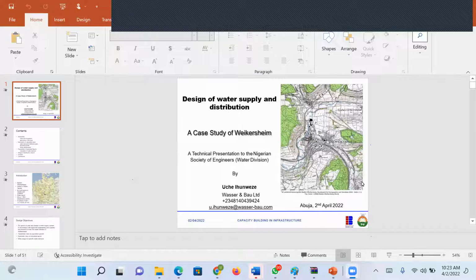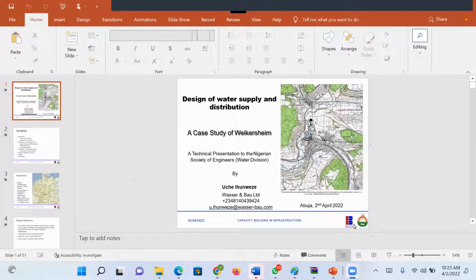Okay, now, very often, this is a presentation, a small design we did many years ago of a city. By next week, I will bring in a local case study, because I just finished one design for an estate in Lagos.